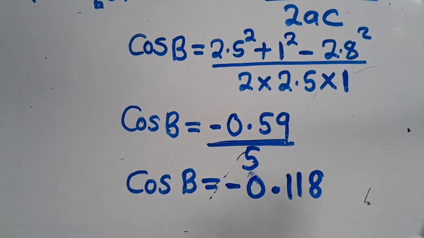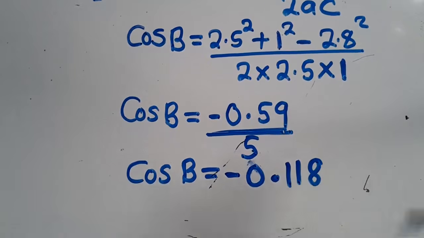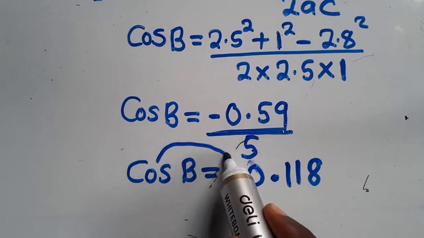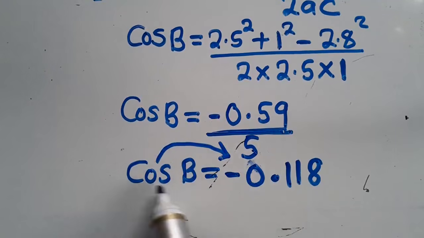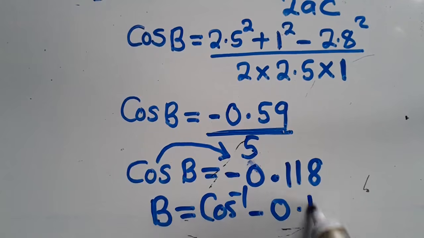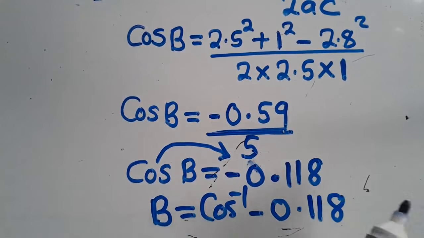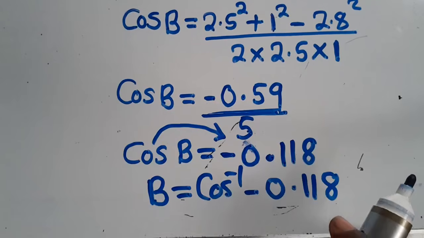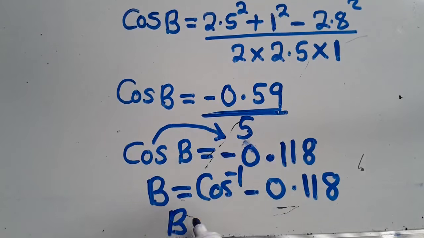So with this now, what are you going to do next? This cos comes this side. You are taught to find this. So you say B is now equal to cos inverse of negative 0.118 like this. Have you seen? So where you are going to get your B as your answer, B is now equal to what?